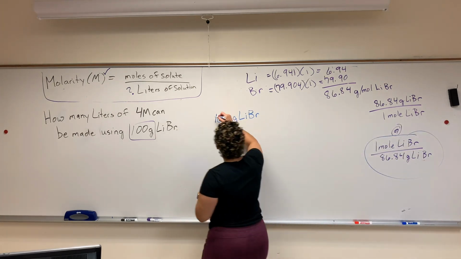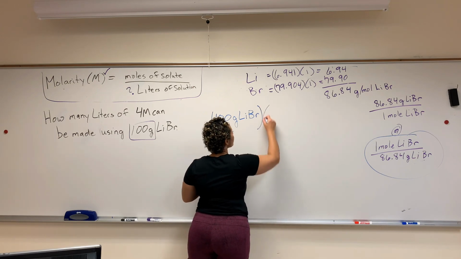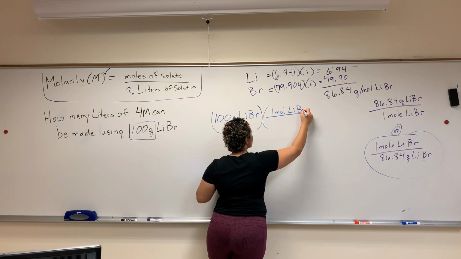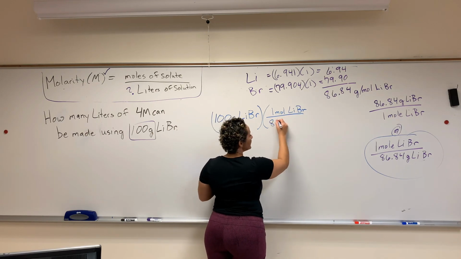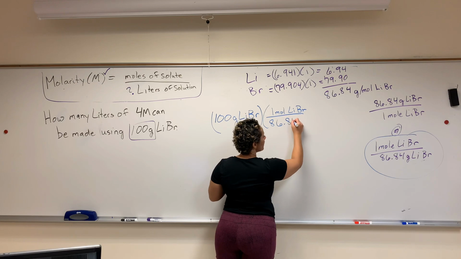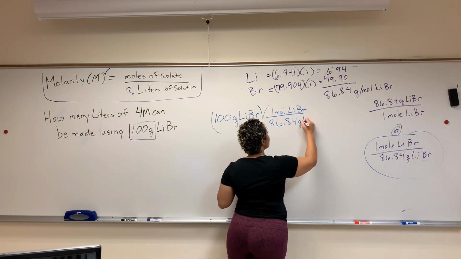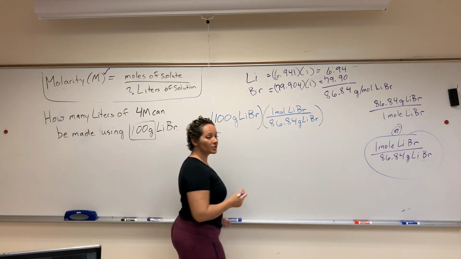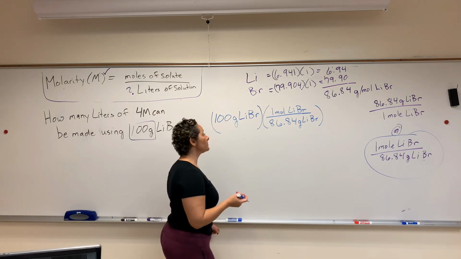Alrighty, so go like this. 1 mole LiBr equals 86.84 grams LiBr. All right, we're looking to chase some labels. We want to cancel some labels.